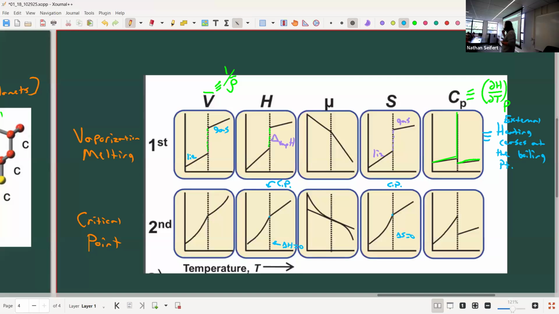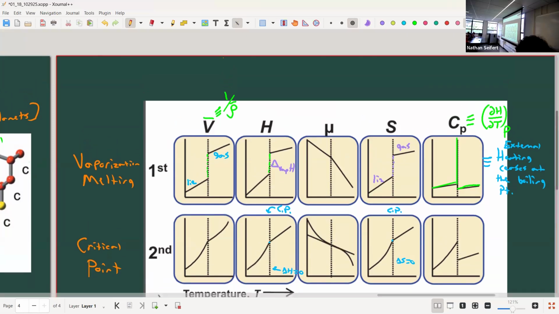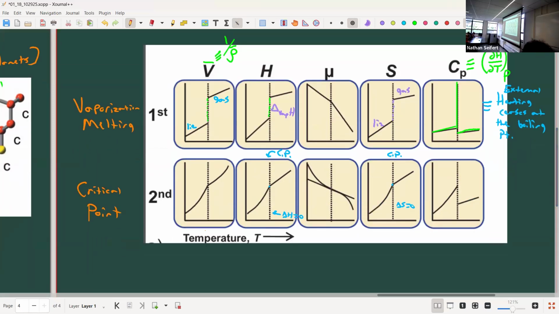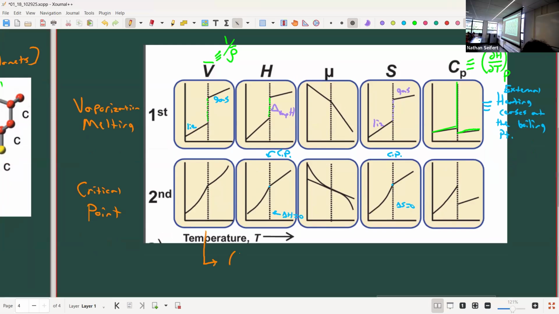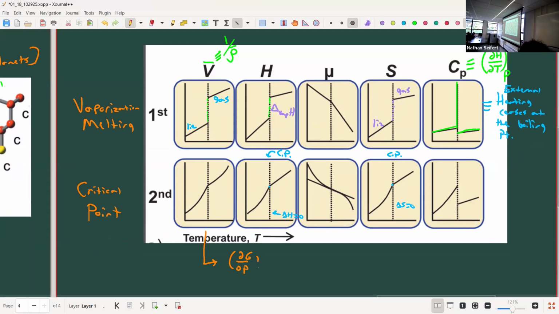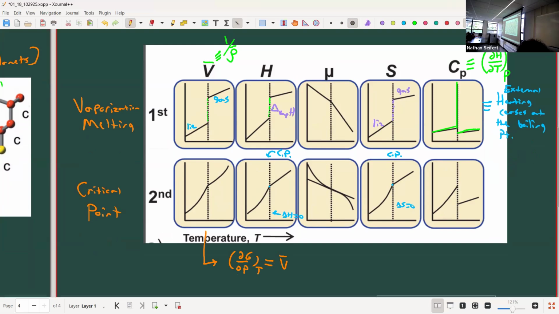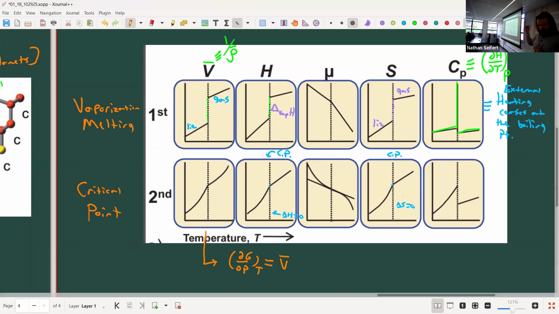Now, if we remember from last class, we can justify that by remembering that the derivative of Gibbs free energy with respect to pressure at constant temperature is equal to the molar volume. All right.